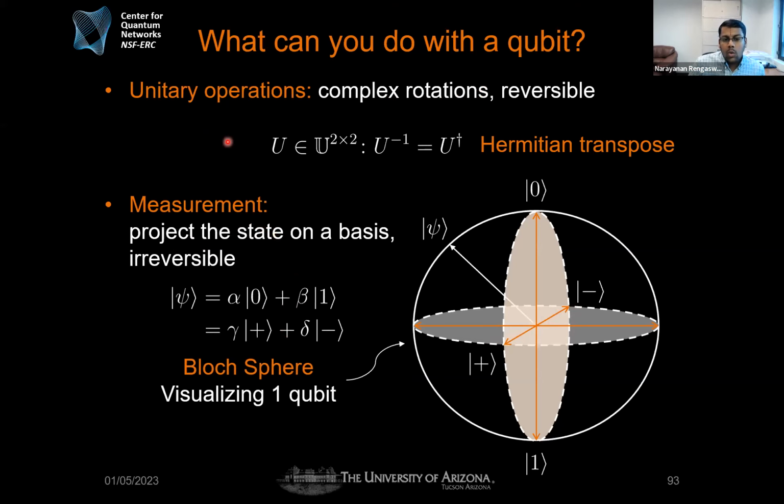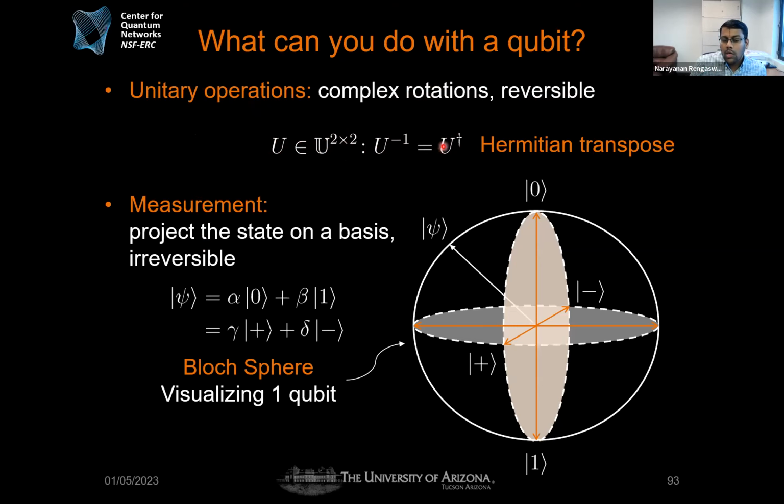So broadly speaking, quantum mechanics allows us to do two things. One is unitary operations, which are basically complex rotations and are reversible operations. So these are determined by a unitary matrix. So on a single qubit, you have a unitary matrix, which is a 2x2 matrix that satisfies the property that the Hermitian transpose of the matrix is the same as the inverse.